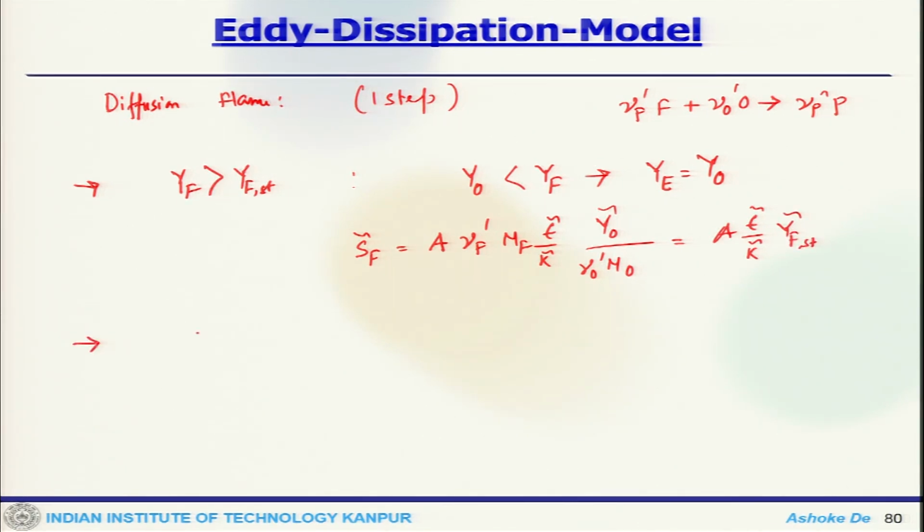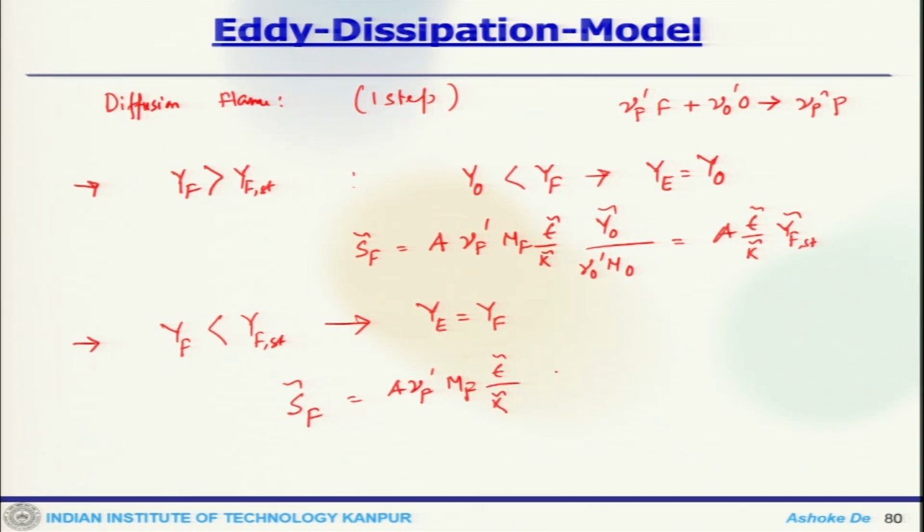Or the other situation that could be possible is that Y_F is less than Y_F stoichiometric, which will lead to Y_E being Y_F. Then my S_F I can write as A nu_F M_F epsilon by k times Y_F by nu_F prime M_F, which is nothing but A epsilon by k Y_F.